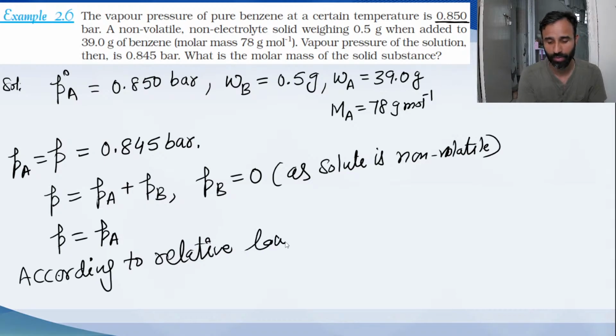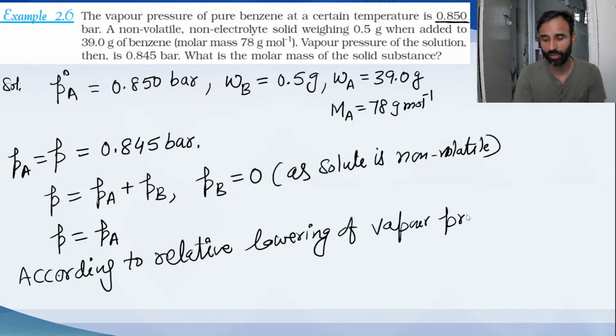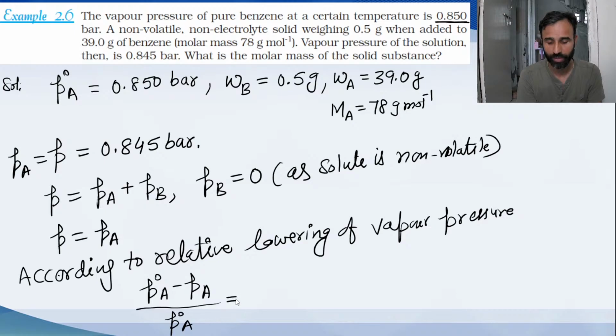So now we write according to relative lowering of vapor pressure. According to relative lowering of vapor pressure, (P naught A minus PA) upon P naught A is equal to XB, and that is equal to NB upon (NA plus NB).